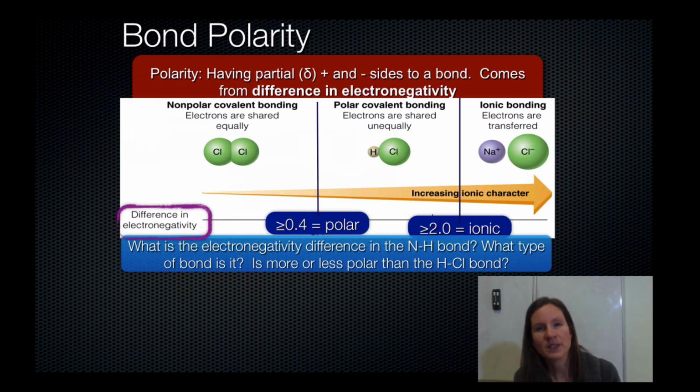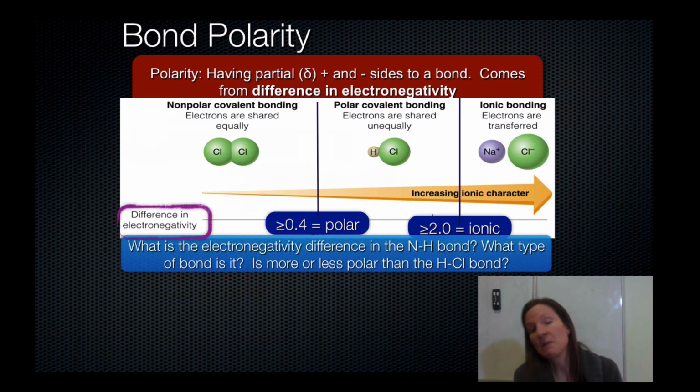The one thing about this scale, and you can see that big yellow arrow on it, is that it's really about bond polarity and bond charge. It's a scale, essentially. It's not a hard and fast line. We give these hard and fast rules: 0.3 and below, nonpolar; 0.4 to 1.9, polar; 2.0 and above, ionic. But in truth, if you were in a lab scenario, we would use the properties of the compound to determine the type of bond.